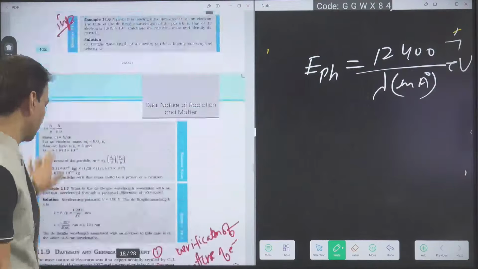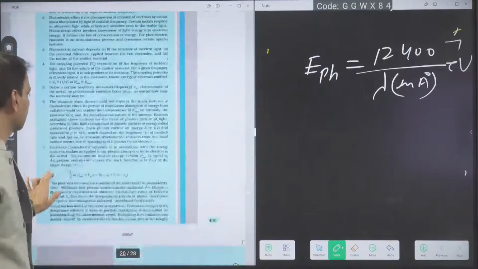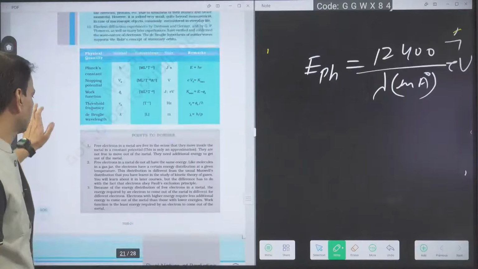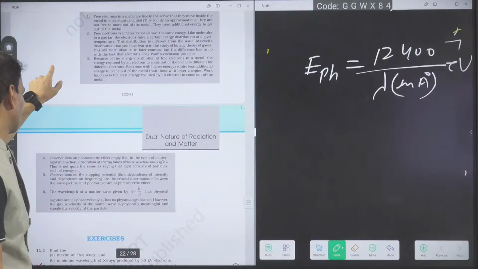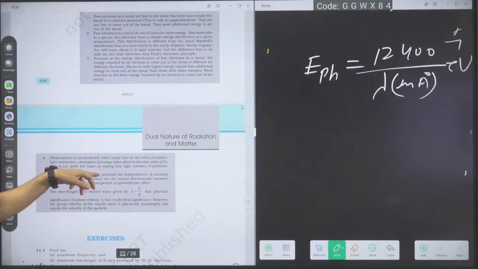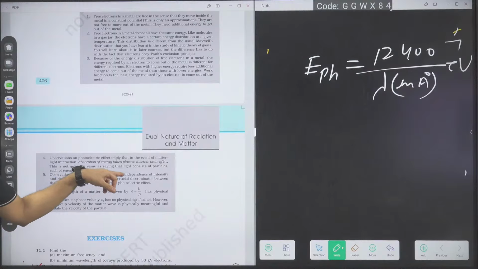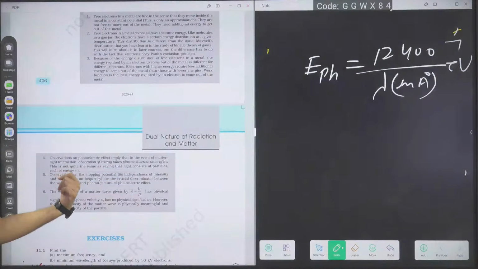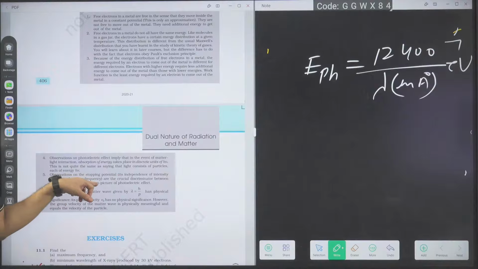Here it is given, as I said in the class also: observation on the stopping potential, its independence of intensity, meaning it doesn't depend upon the number, and dependence on frequency, meaning the stopping potential depends on the frequency, are the crucial discriminator between the wave picture and the photon picture.